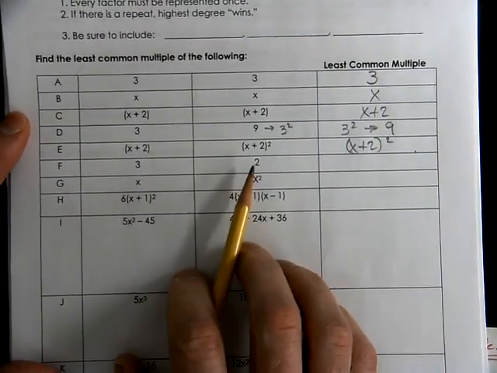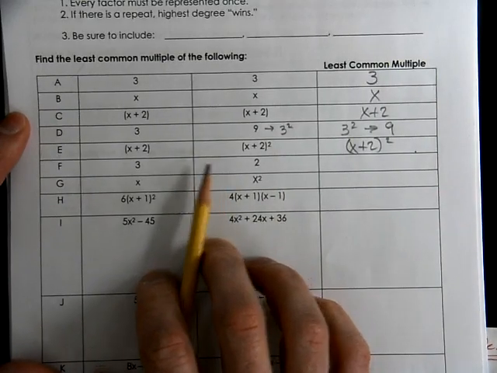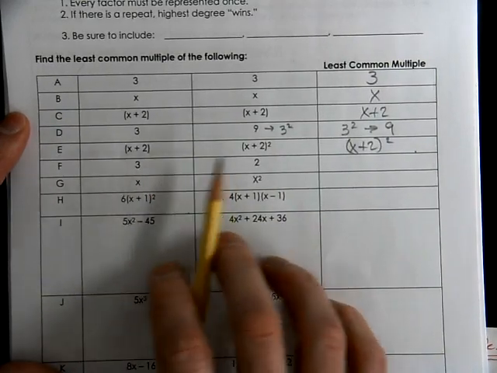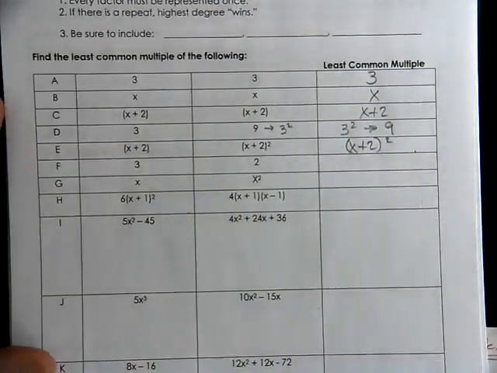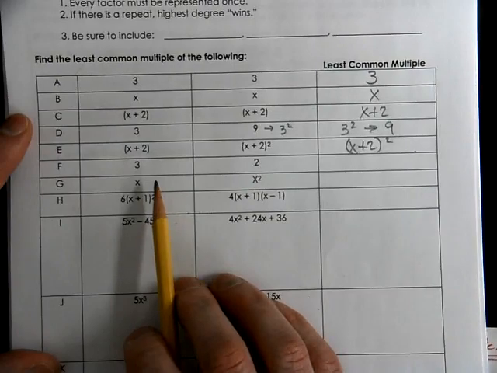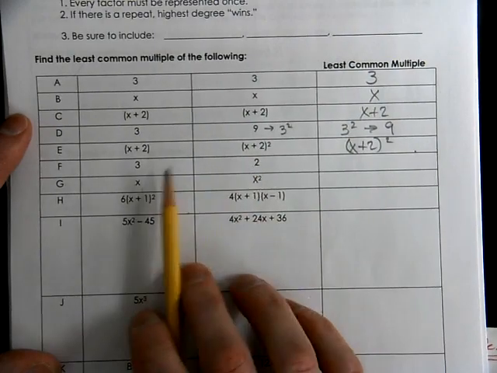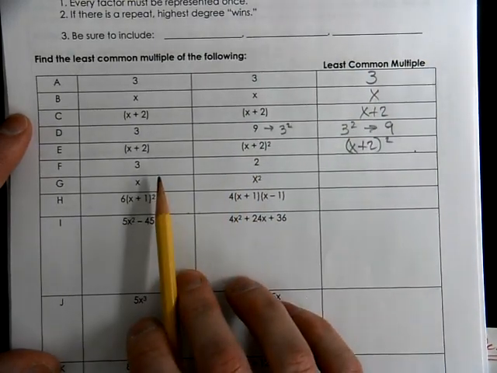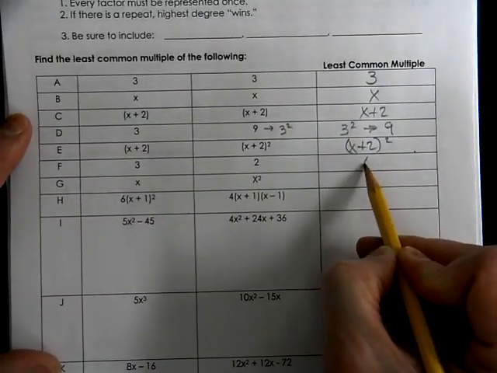Here we don't have any factors the same. So what's the smallest number 3 and 2 both go into? It's not 1. 1 is the smallest factor that goes into both of these. What's the smallest number that these go into? These are factors. 6 is the smallest number these go into.